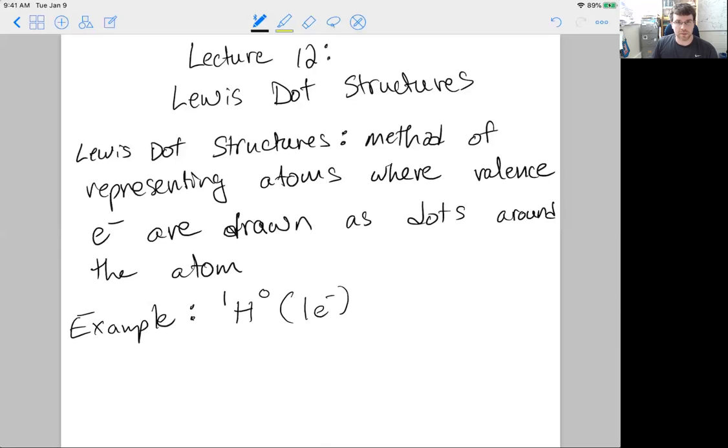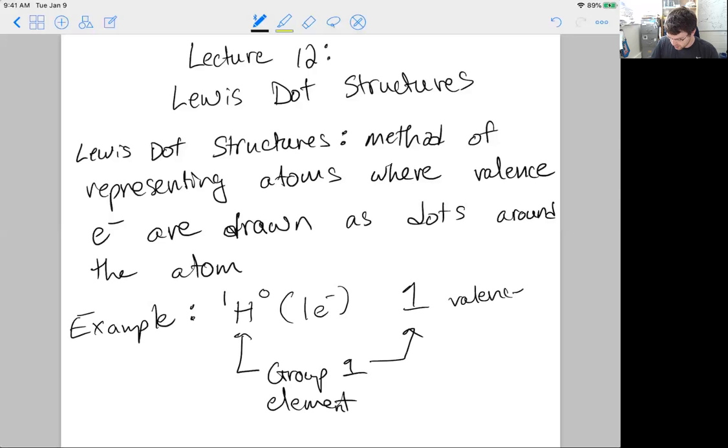If you recall from a previous lecture, you may already know how many valence electrons are in the neutral element hydrogen because it's a group 1 element, which says that it should have 1 valence electron.